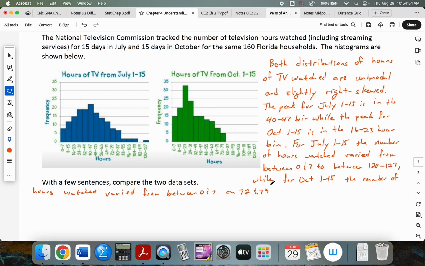So that's a way to talk about variability in this, rather than to talk about absolute spread. Okay? All right.